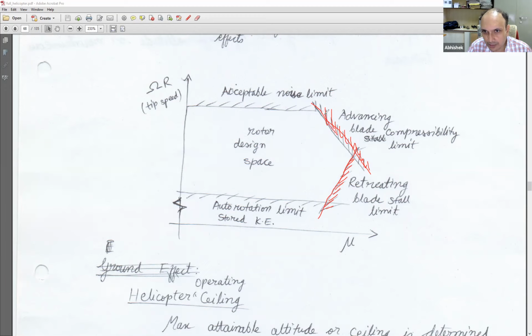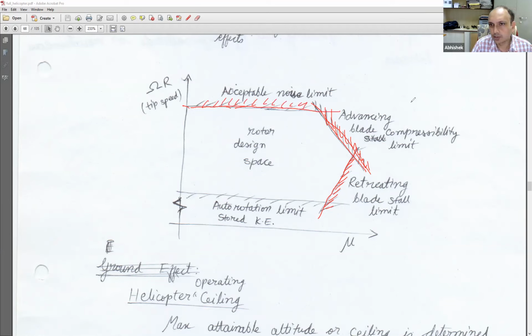On this side I have the limit of choice of tip speed versus forward speed. That is, how do you achieve forward speed with a given range of tip speeds and how you have to meet certain requirements. So these are two limits on that side. Now a third limit is there. Irrespective of my forward speed, there is a limit because of the noise requirements.